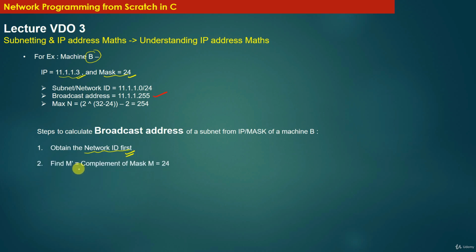In the second step, find the M dash. M dash is nothing but the complement of the mask value 24. In the previous slide, when the mask value was 24, you converted it into binary representation such that the first 24 bits are all ones and the next 8 bits are all zeros. Now you have to do something opposite, that is, you have to find the complement of the mask value.